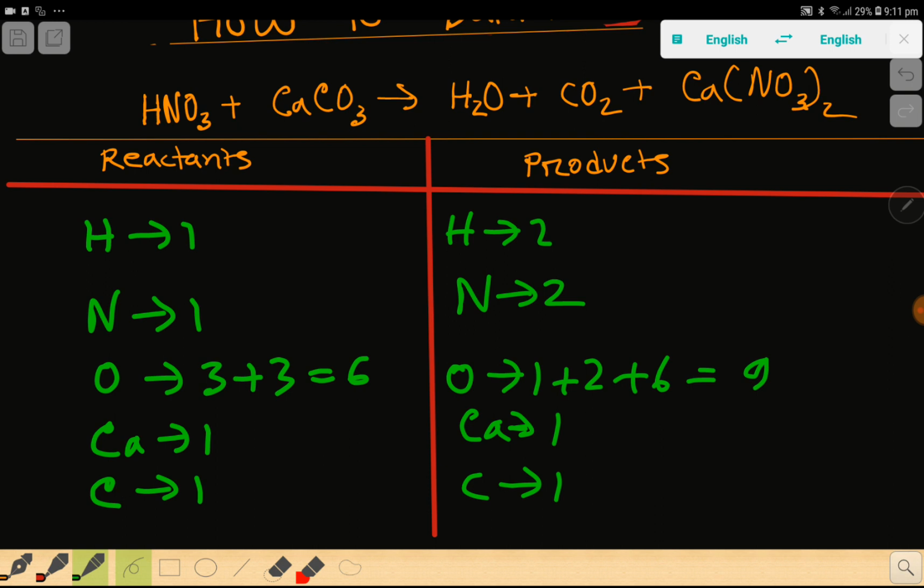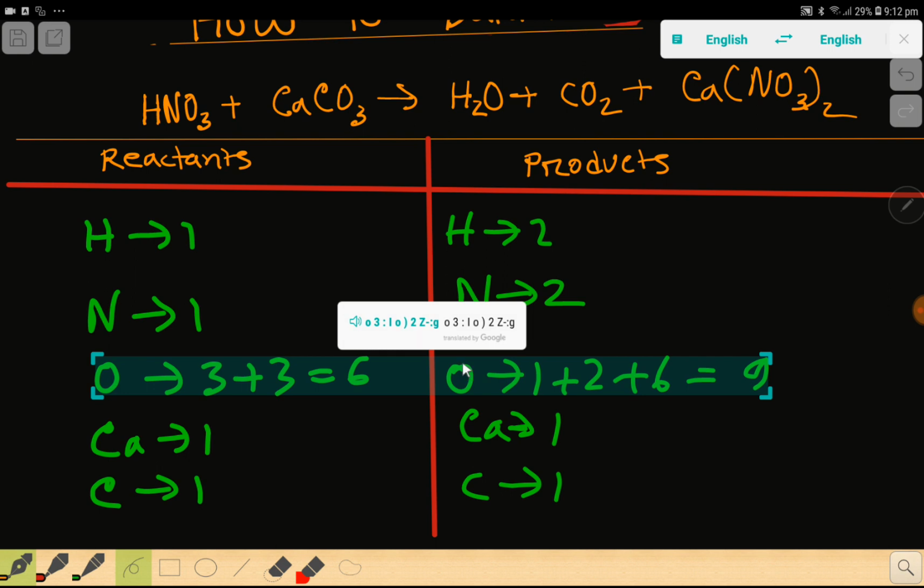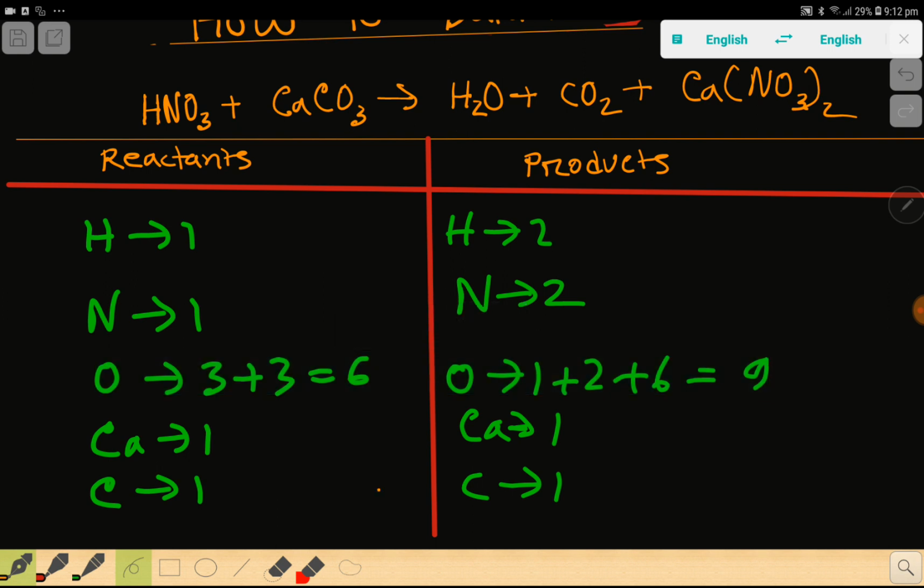So look, this oxygen has come from more than 2 compounds. Look, this oxygen may come from water or carbon dioxide or calcium carbonate.